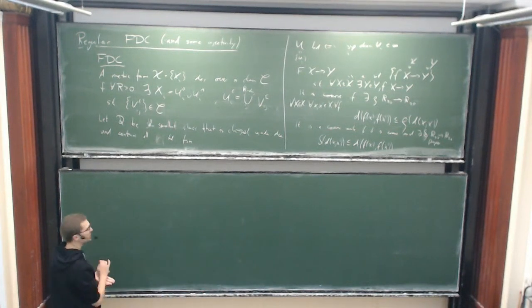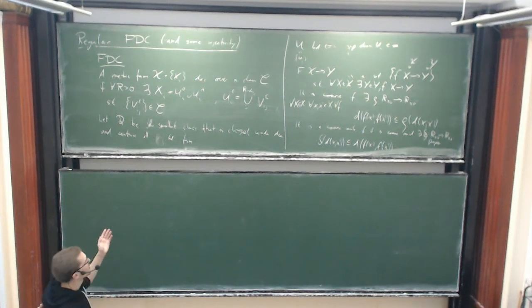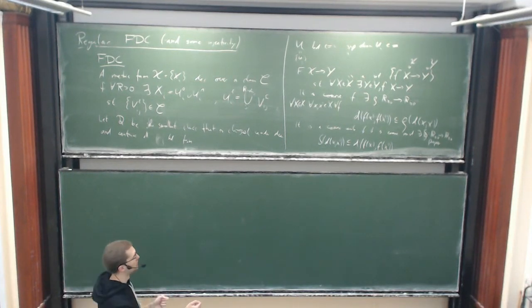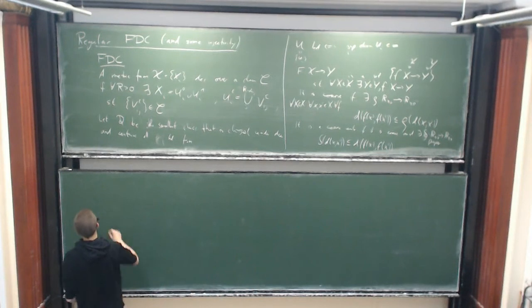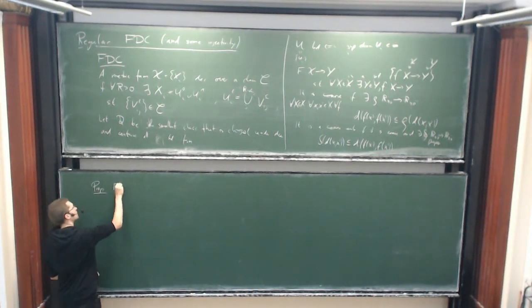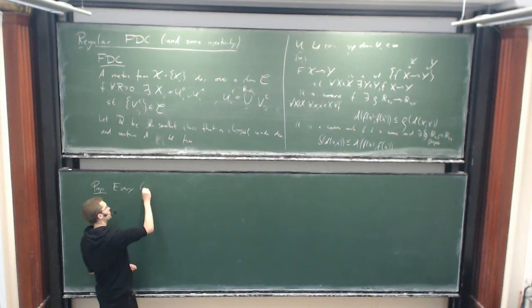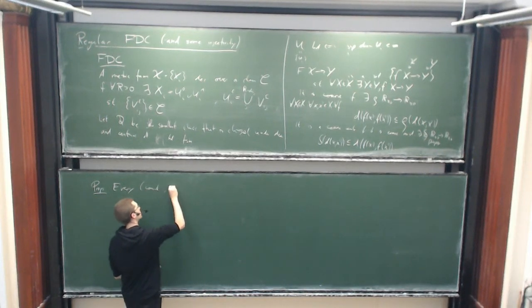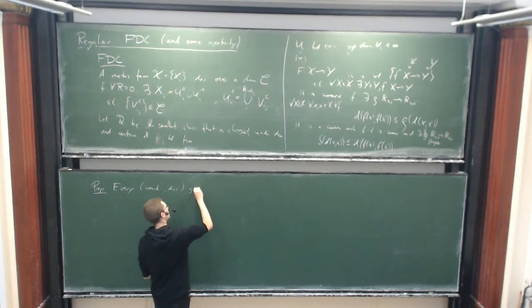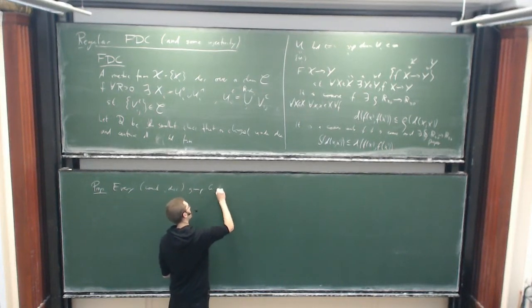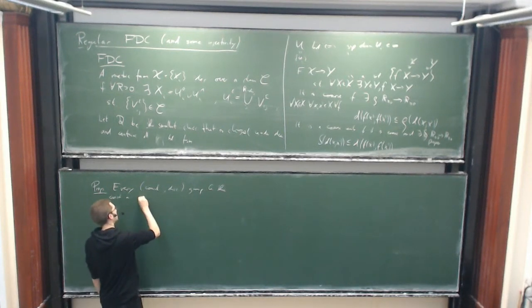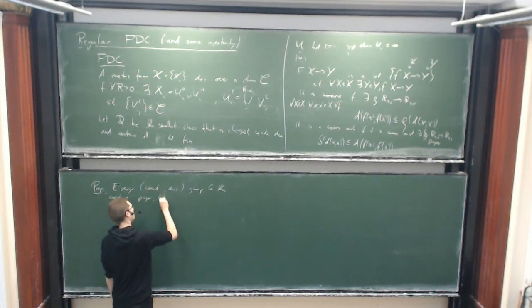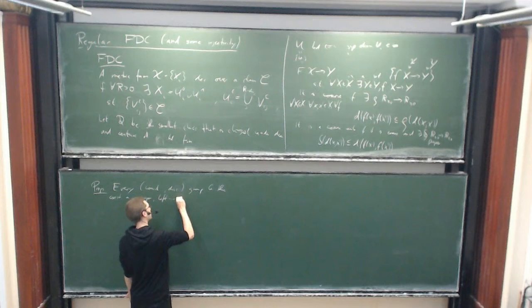And now, the reason that we can actually talk about FDC for groups is, well, first thing, it's a coarse invariant. So if you have a coarse embedding and Y has FDC, then also X has FDC. And now we have the following proposition. Every group, and groups will always be countable and discrete, admits a proper left invariant metric on the group.